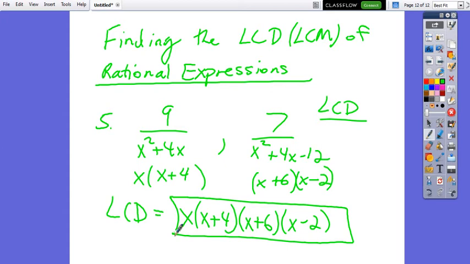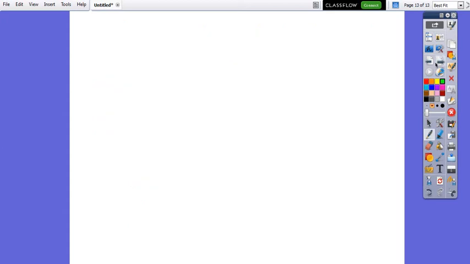Okay? Let's do another one from your worksheet. All right, let's do number 8. I'm just going to write down the denominators because that's really all that matters. You've got the whole thing on your page. So w squared minus 4w plus 4, and then w minus 2.